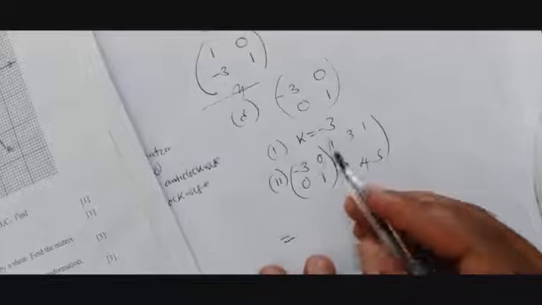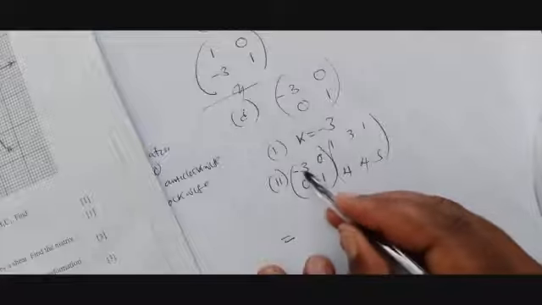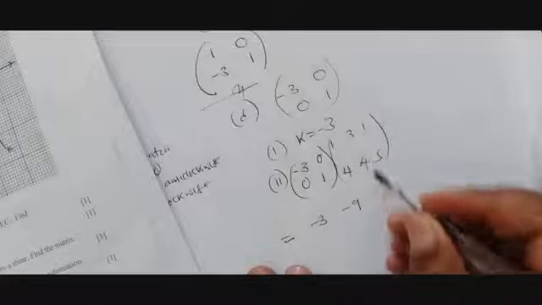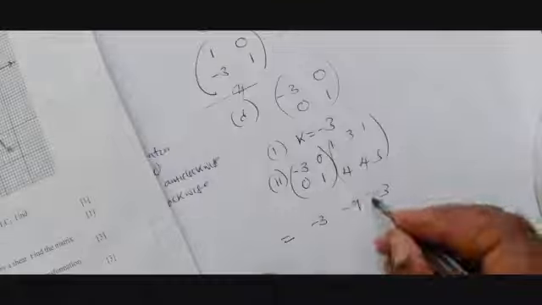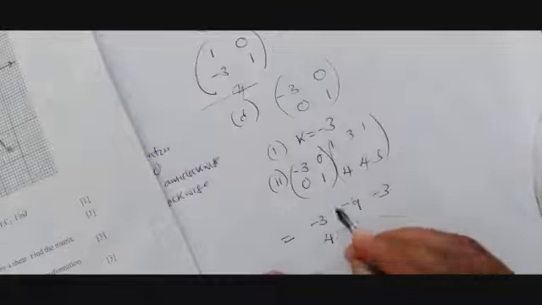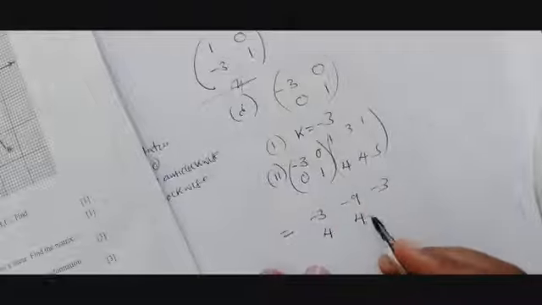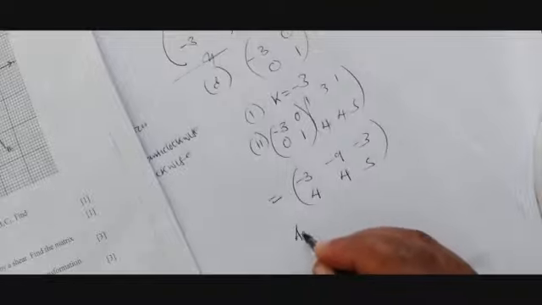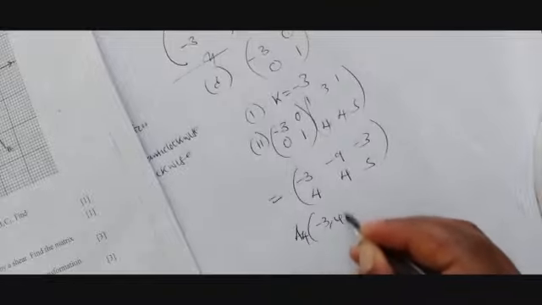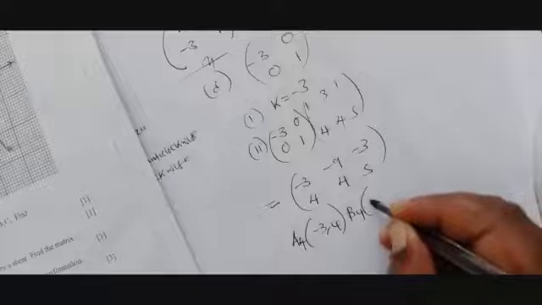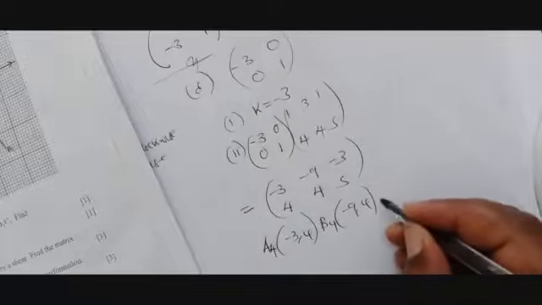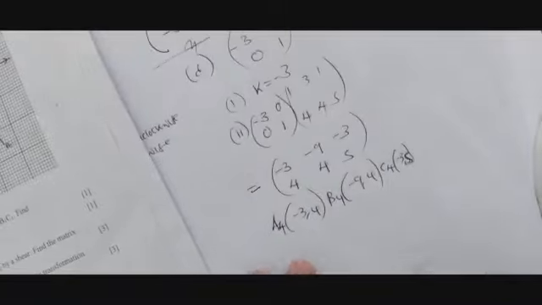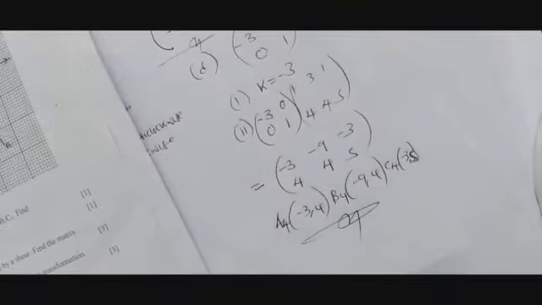Because there is 0 and 0, you just multiply this by that, -3. This by that, -9. This by that is -3. This by that it is 4. This by that it is 4. This by that it is 5. All right. This simply means that A4 is -3, 4. B4 is -9, 4. And C4 is -3, 5. Okay, then we are done there.